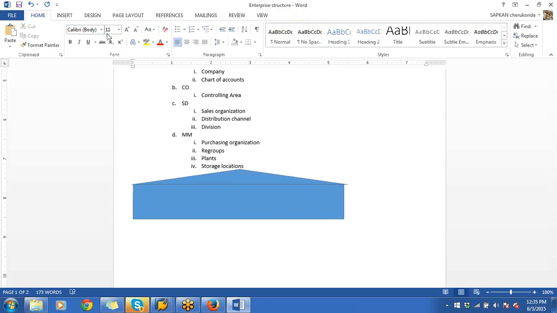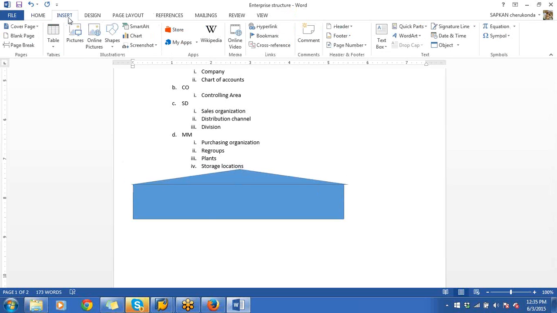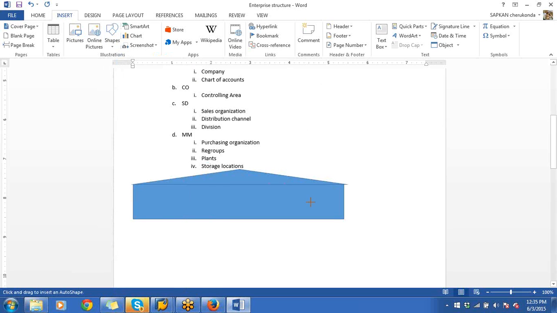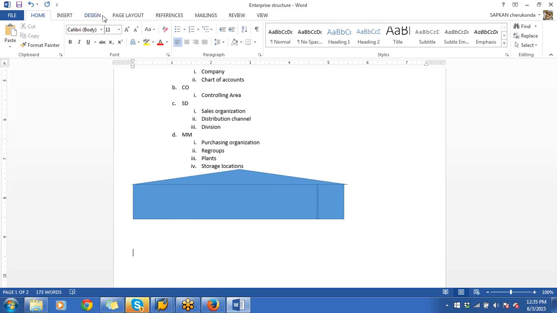Okay, this is my plant, and this plant has storage location 1, an integral part, right?